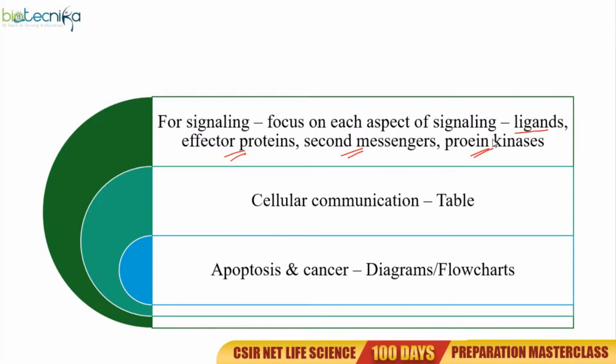Like when you go for GPCR pathway, you have 4 classifications of GPCR pathway. So, what is the difference among the pathways? These are the components that will be varied. Then, when it comes to cellular communication part, here basically you will be studying about how a cell to cell interaction takes place and how a cell to matrix interaction takes place.